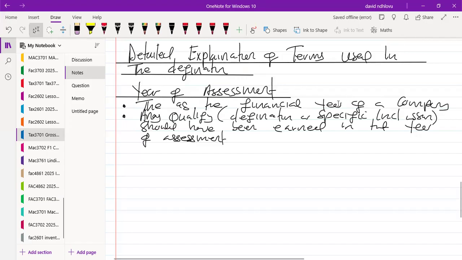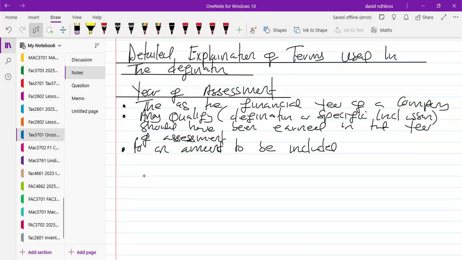The state coffers if you don't include an amount in gross income. So an amount must have originated in the current year to be included in the current year. For an amount to be included in the current year, it must not be, there's a word that I'm looking for.